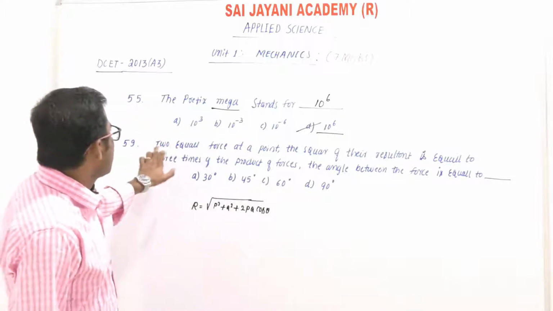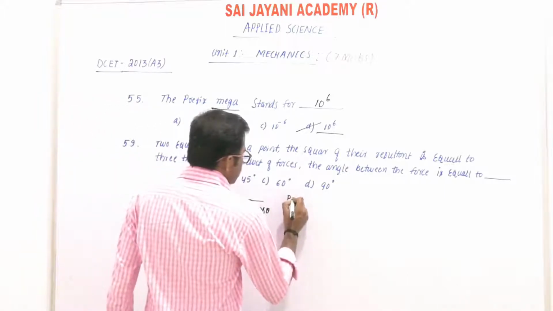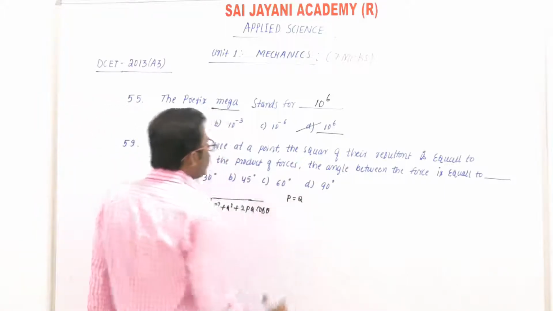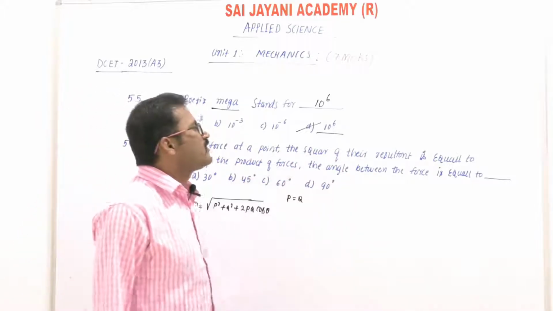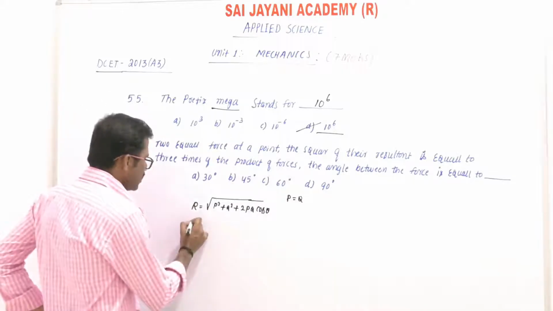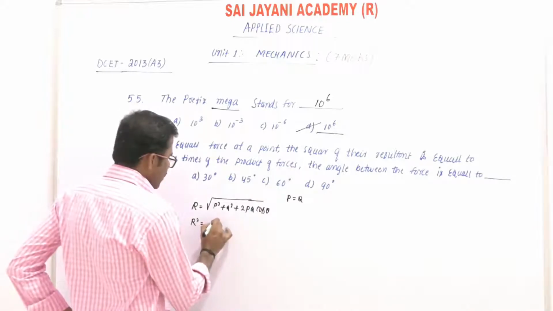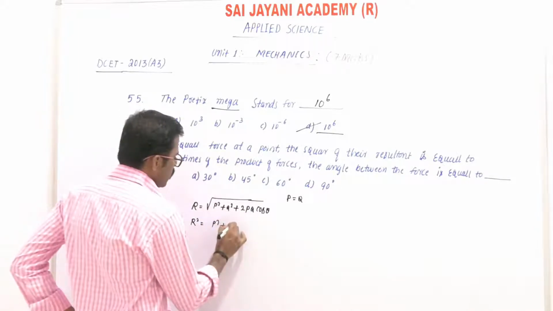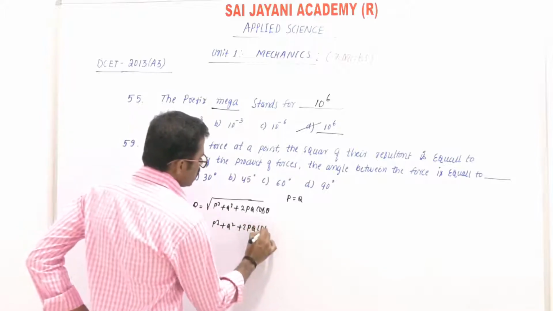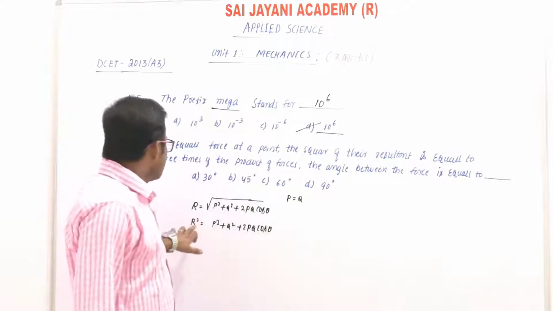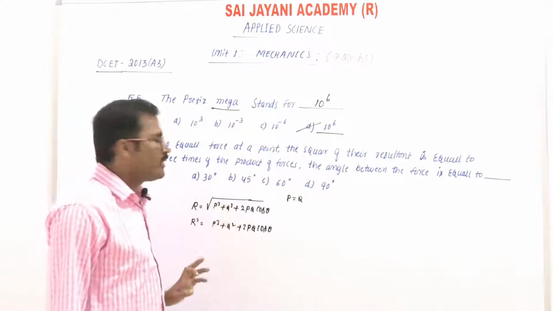But in the question he has given two equal forces, means P is equal to Q. The square of their resultant: if I square on both sides, R becomes R square and the root gets cancelled.